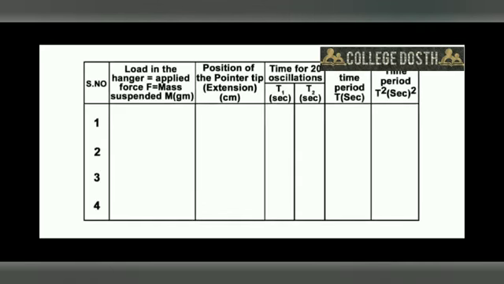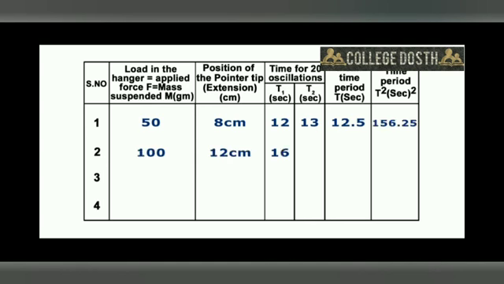For a load of 50 grams, the position of the pointer is 8 centimeters and the time taken for 20 oscillations, T1 is 12 seconds and T2 is 13 seconds. Therefore, the mean time T is 12.5 seconds and the corresponding time square is 156.25. Similarly, the values for the loads of 100, 150 and 200 grams are shown.